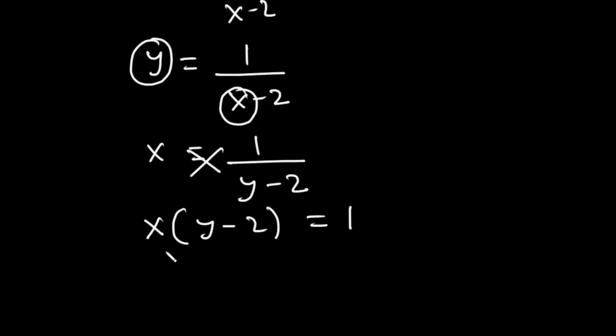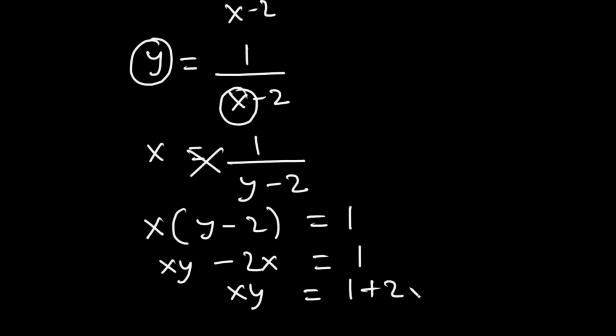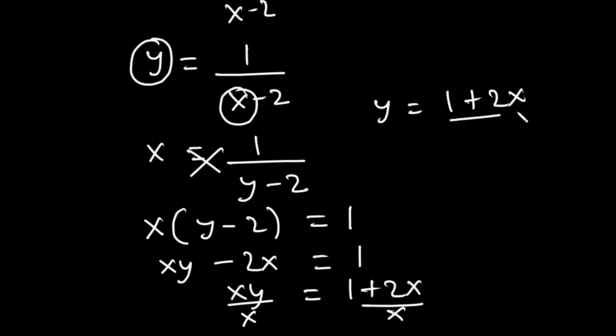So we distribute x across. x times y is xy, and x times -2 is -2x, which is equal to 1. Because we want to make y stand alone, we transpose -2x to the right hand side. So we have xy is equal to 1 plus 2x, and then we divide both sides of the equation by x, and then we have y equal to (1 plus 2x) divided by x, which is f of x.